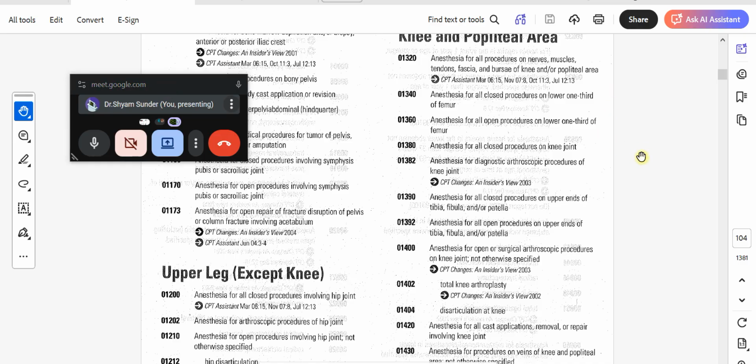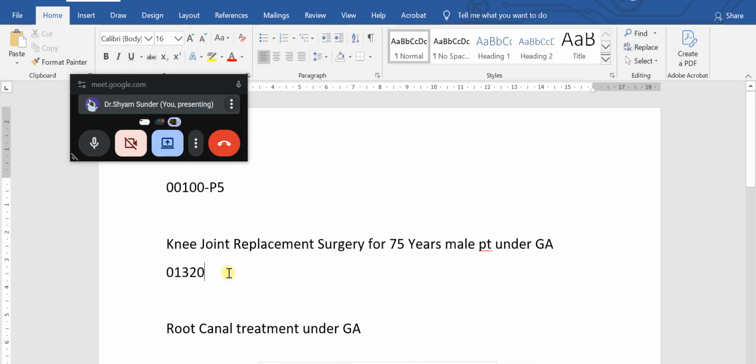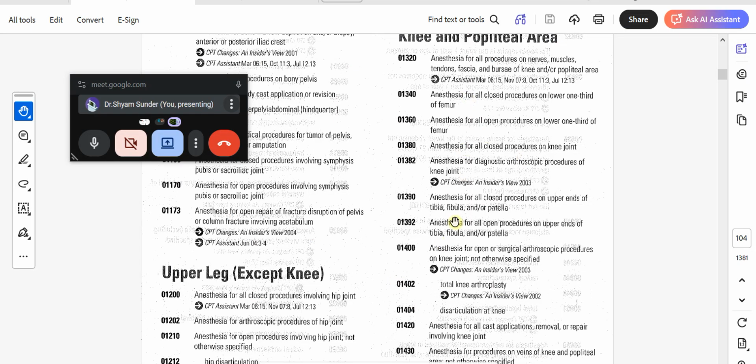Fractures, dislocations, closed treatments. So this is 01402, total knee arthroplasty, which means knee replacement surgery. So what is your answer for this 01402? It's good that you're able to identify the body area, you're coming closer.